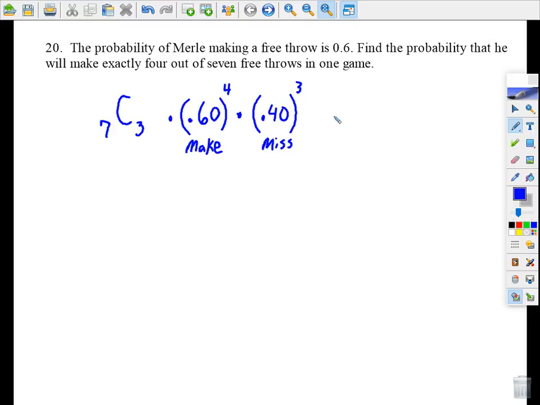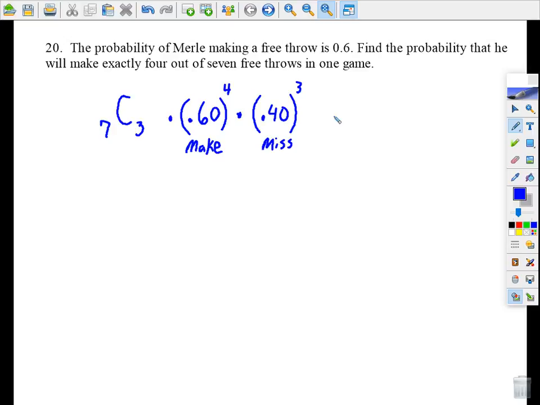All of this can be done in your calculator, so I'll try to step you through that. With your calculator handy, you'll do 7 and then find the nCr option, and then 3, times 0.6 raised to the 4th power, times 0.4 raised to the 3rd power.